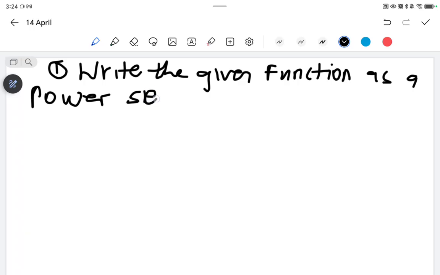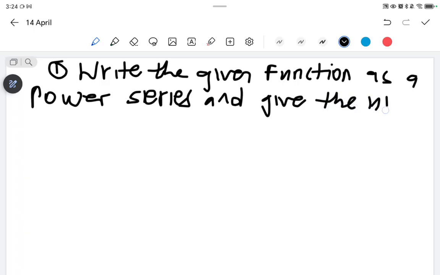This is just saying to put this into a power series representation, right? And give the interval of convergence.